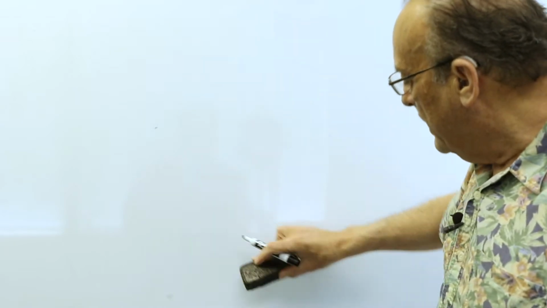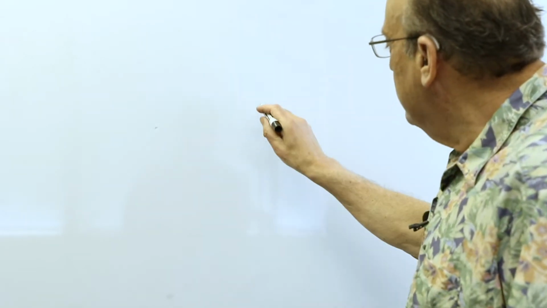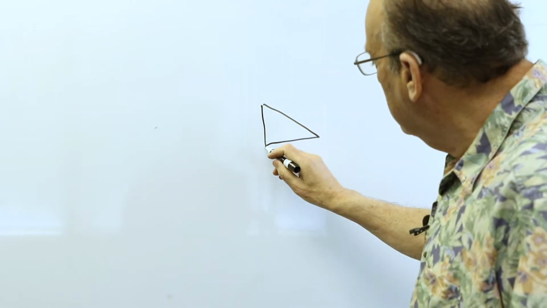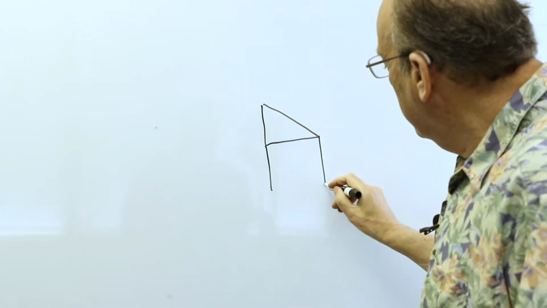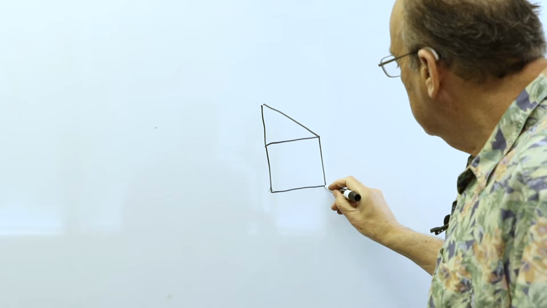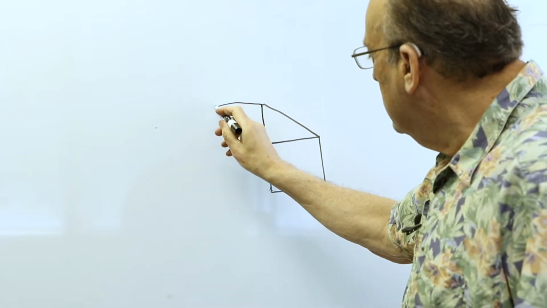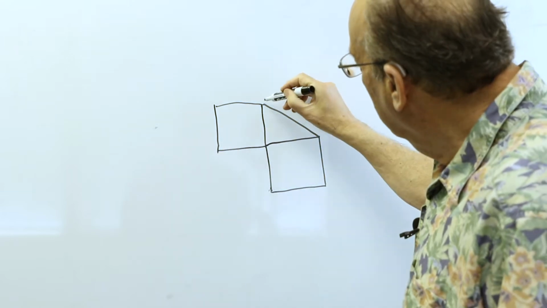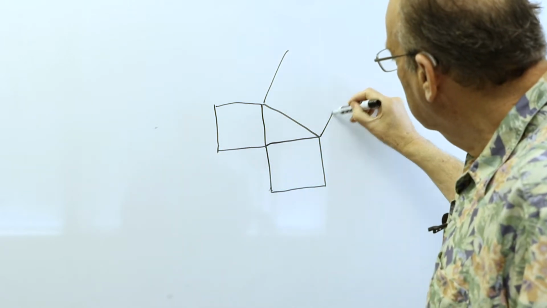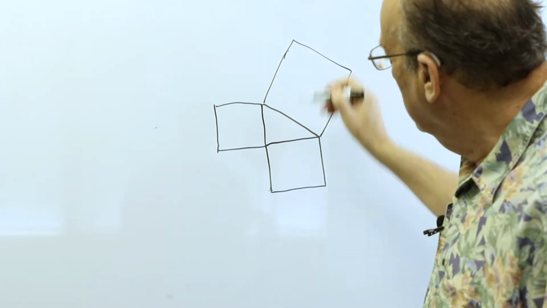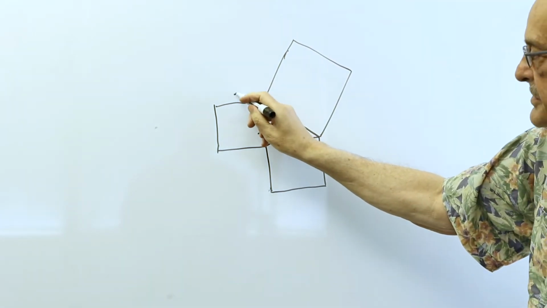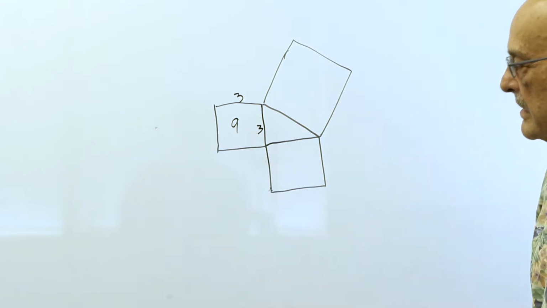So let's start with this picture and draw the squares adjoining each side. So again, this is 3, so this is also 3, so this is 9.